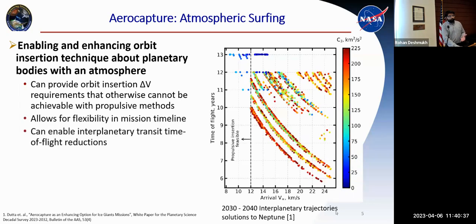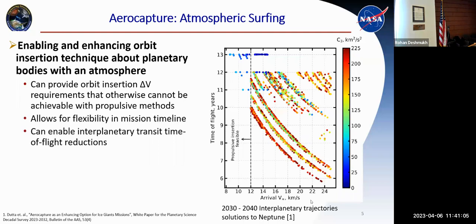But some of the cases shown on the right, where you can see where my cursor is, at an arrival velocity of around 20 kilometers a second, give us very low times of flight, almost a 50% reduction in the time of flight from Earth to Neptune.